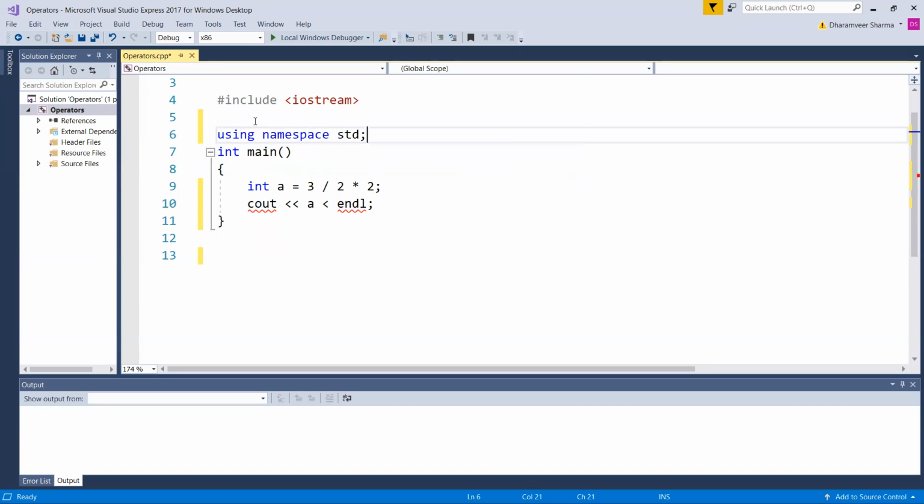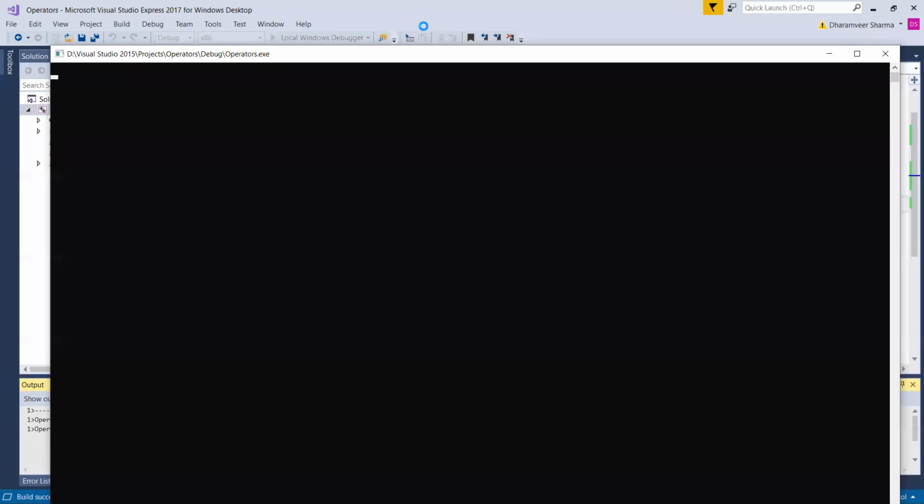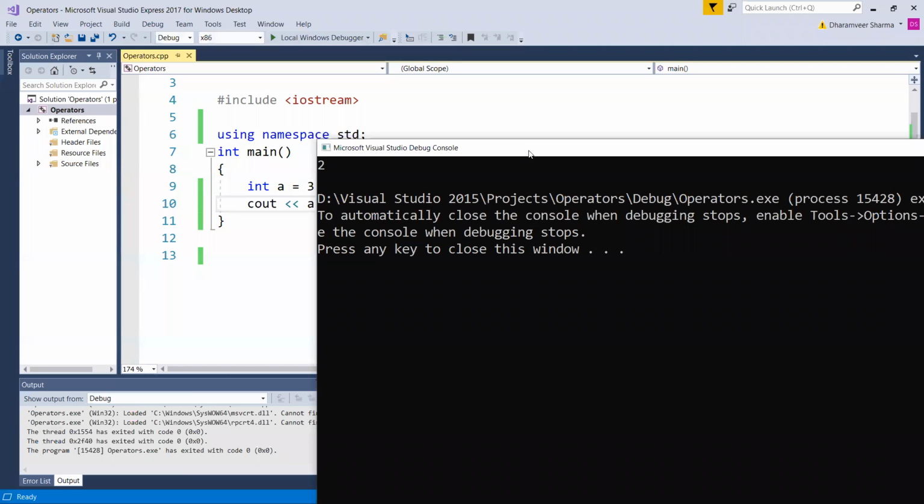Let's run this. And look at the answer. Answer is 2. Can anybody explain why? Why is it 2?